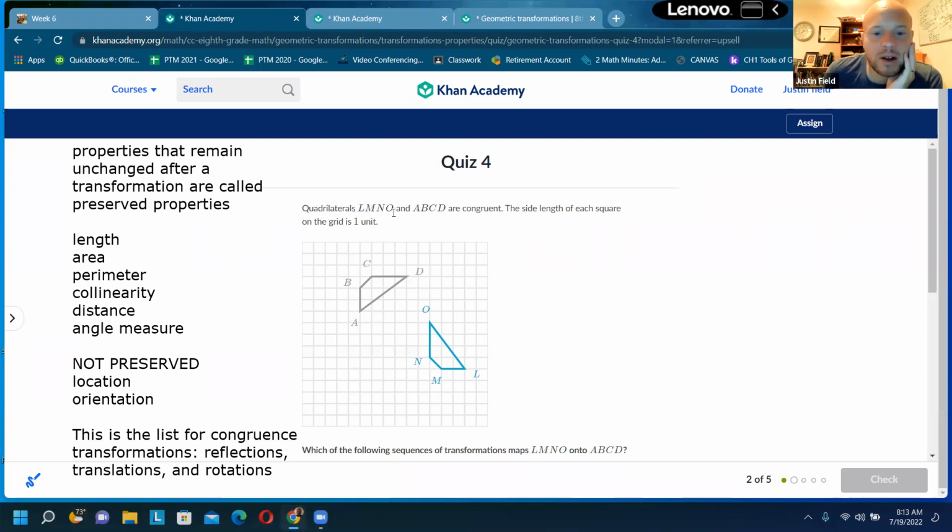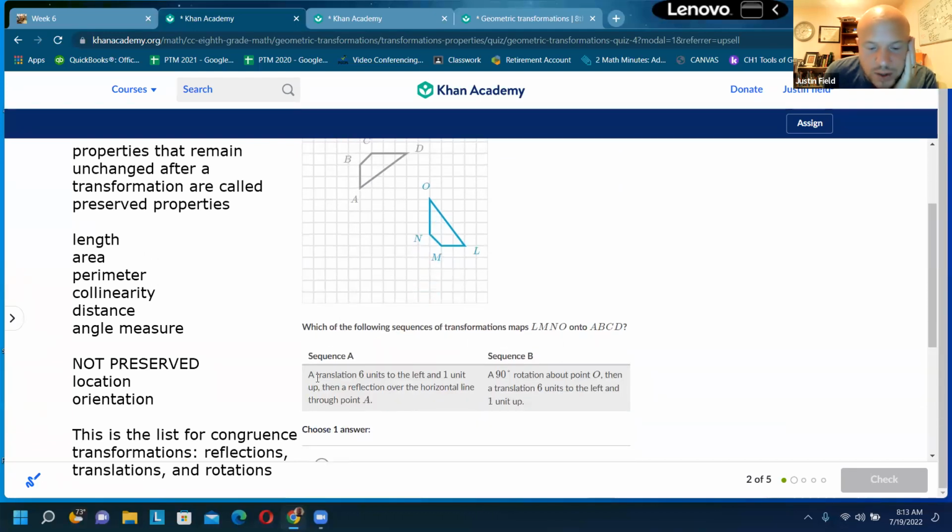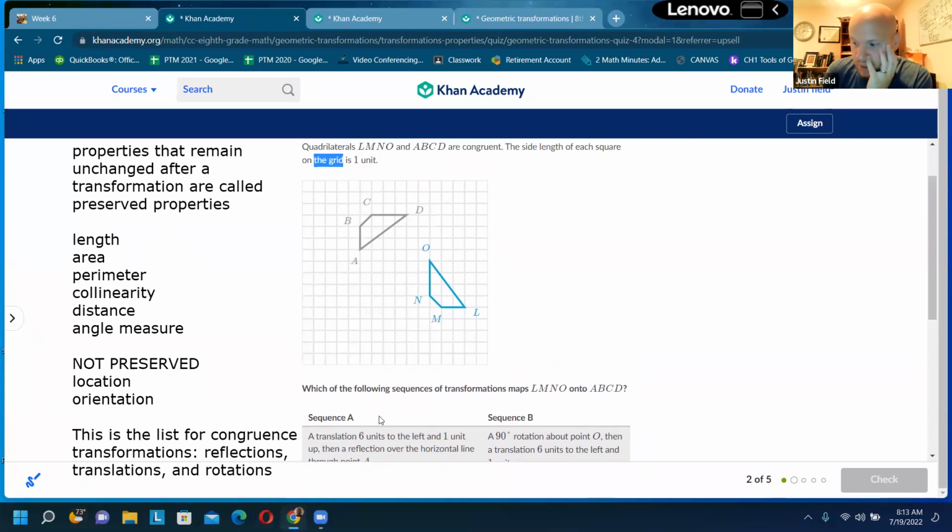Quadrilaterals LMNO and ABCD are congruent. The side length of each square is 1. Which sequence? Okay, a translation 6 units to the left and 1 unit up, then reflecting over a horizontal line through point A. So it's like that. We'll take 1 point that we think are corresponding points.